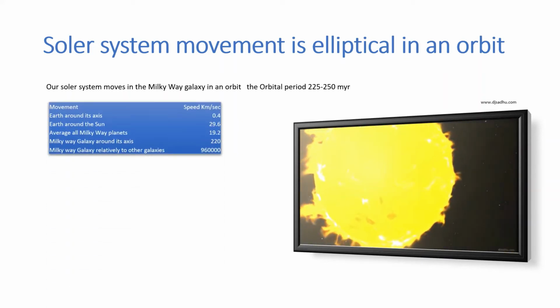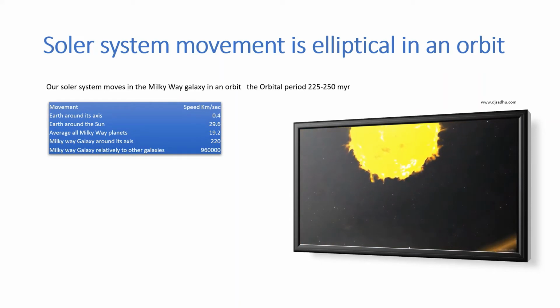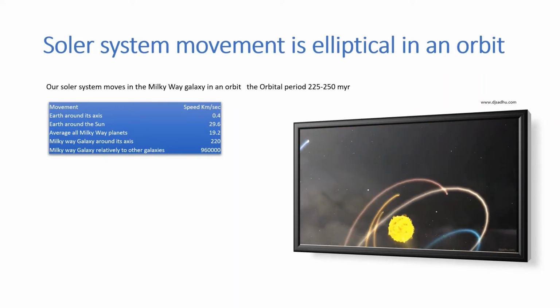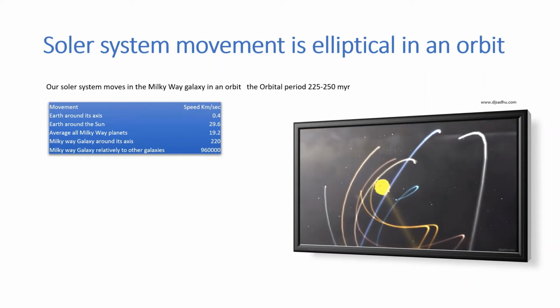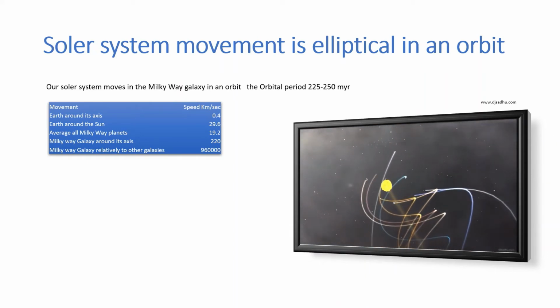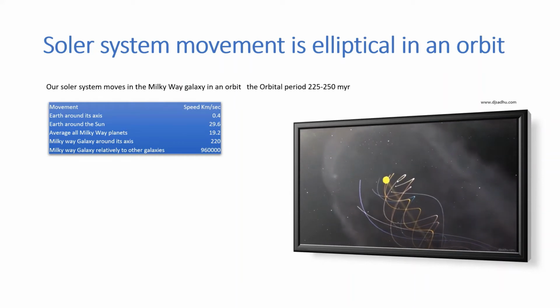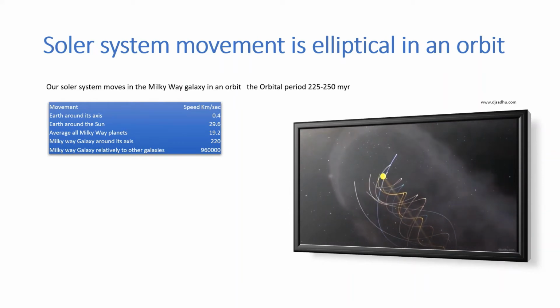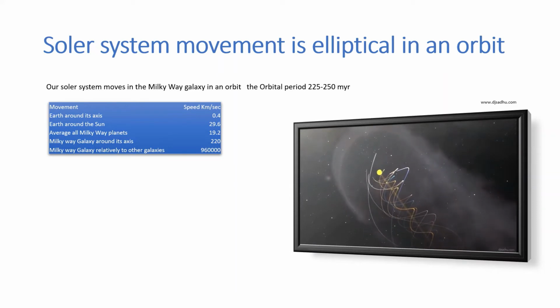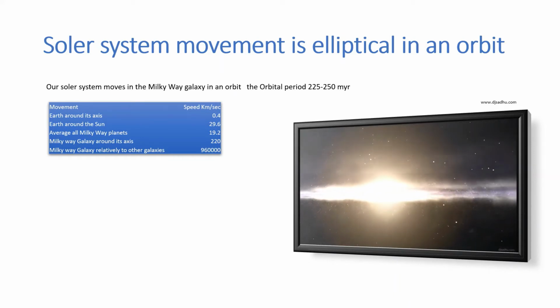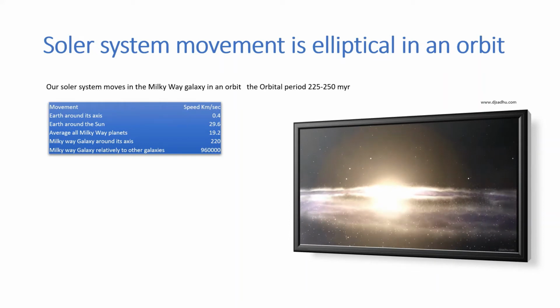The following table shows the speed of the elements of the solar system. The Earth is revolving about its axis at a speed of 0.4 kilometers per second.